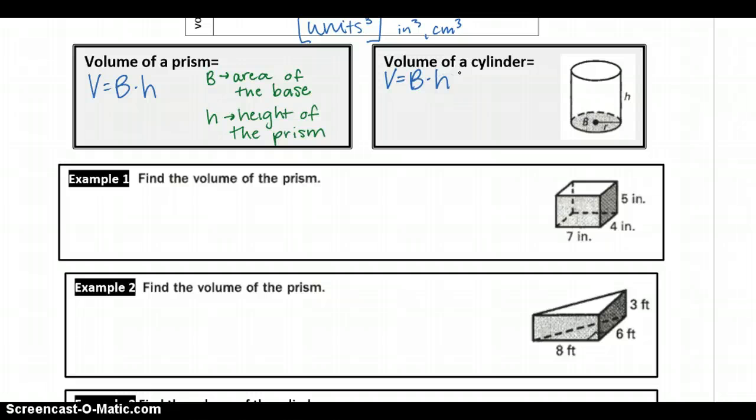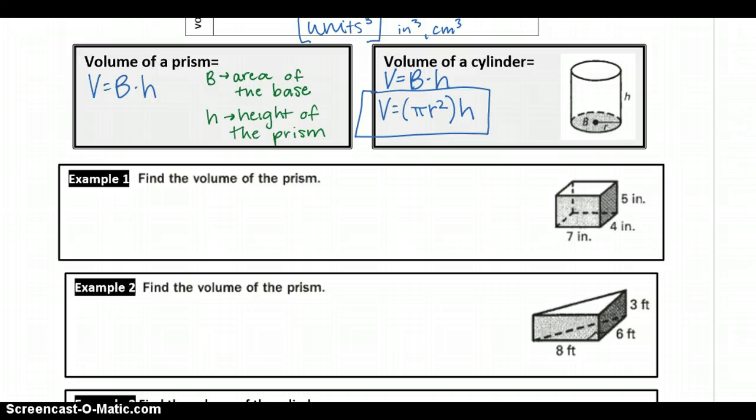But since B is the area of the base and a cylinder is always going to have a circular base, we note that the area of a circle is given by pi r squared. So we can plug that in for the area of our base, and we get the new formula V equals pi r squared times H.